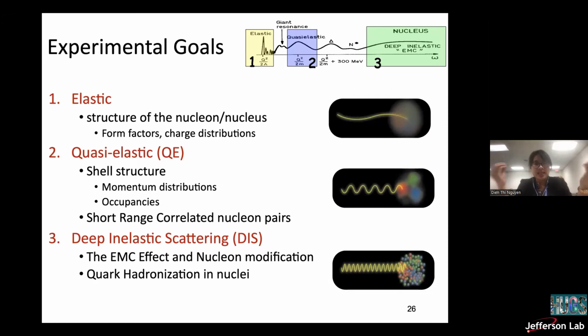For elastic scattering, we can use it to study the structure of the nucleon or nuclei. Think about hydrogen. Hydrogen is a single proton, though we call it a nucleus, so we can use hydrogen to study nucleon structure, like the proton.